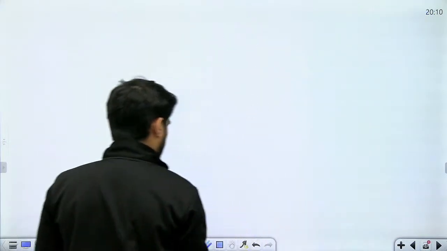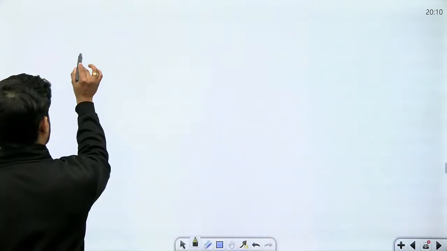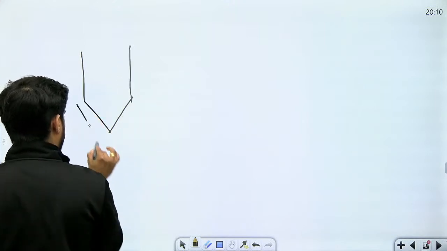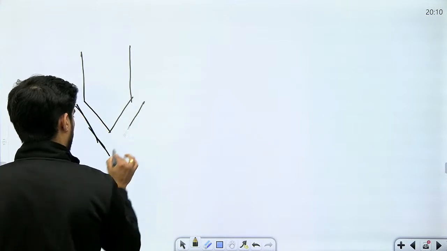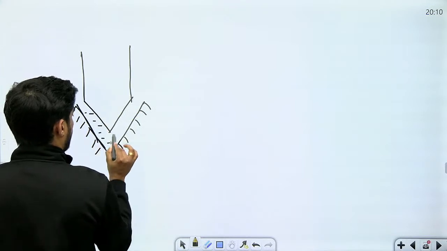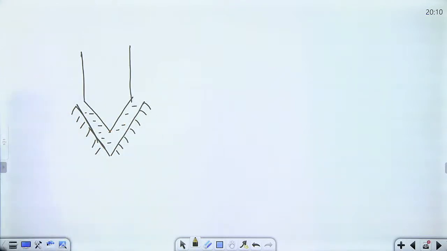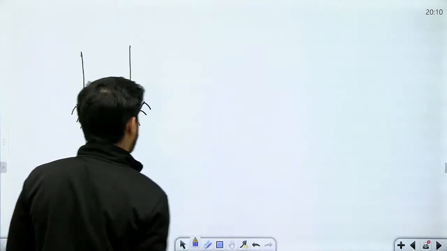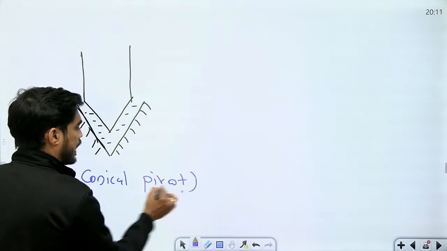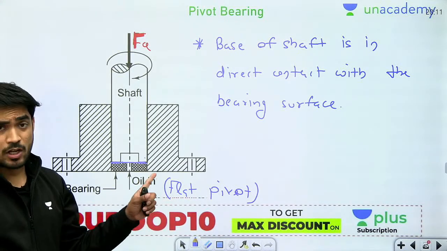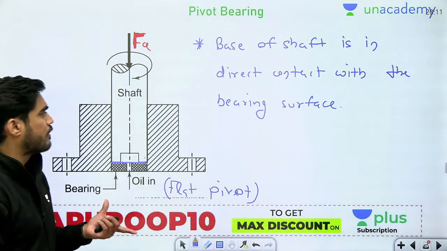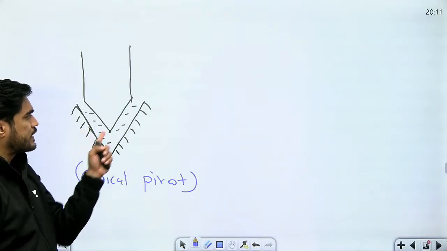If I make this end like this, this is the bearing surface, this is lubricant, then it will be known as conical pivot bearing. Flat pivot bearing is also known as footstep bearing. Flat pivot means the end is flat, conical pivot means the end is conical.